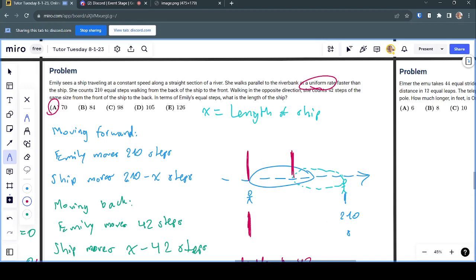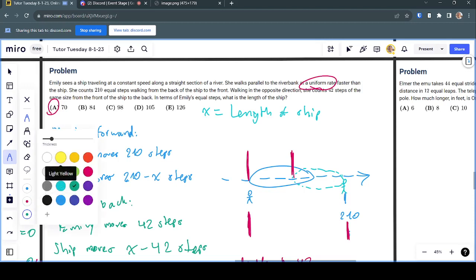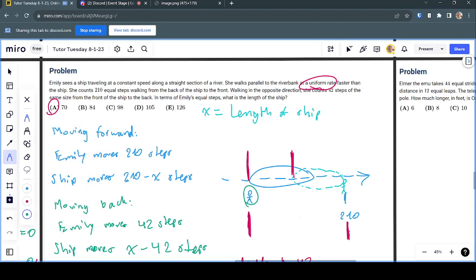Let me draw this out on this diagram right here. Emily moved from here to here. Let me do it in a different color, from this light blue to this cyan color. Emily actually moved 210 steps because she moved all the way from the back of the ship to its front, or where its front would be as it was cruising along the river.